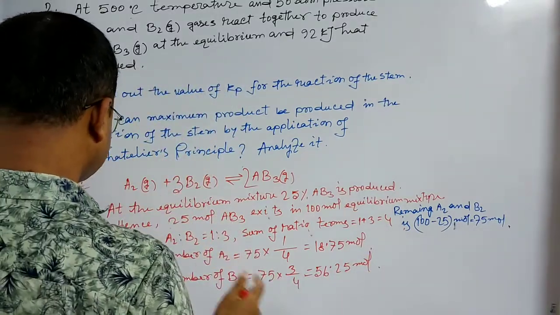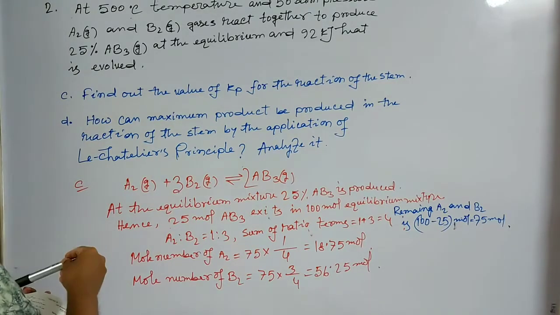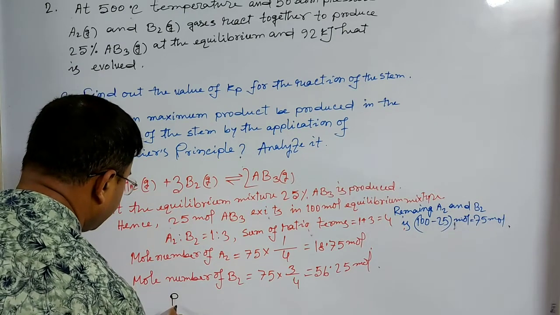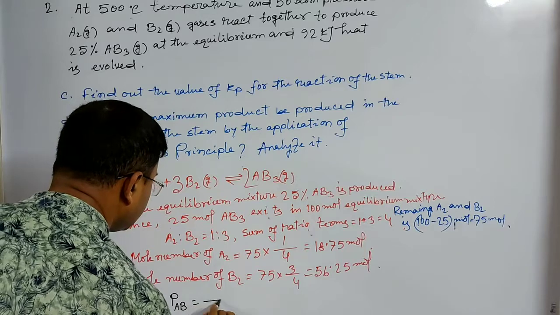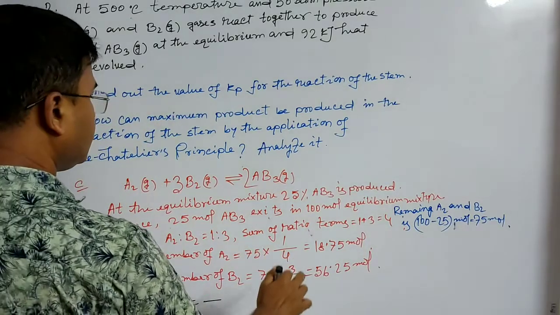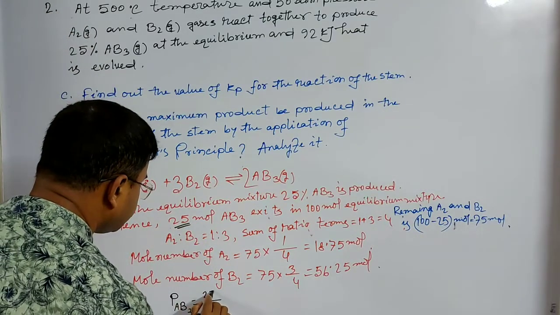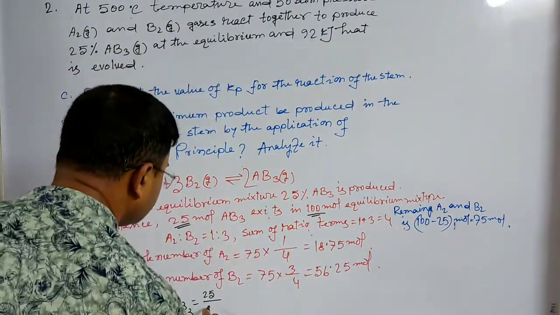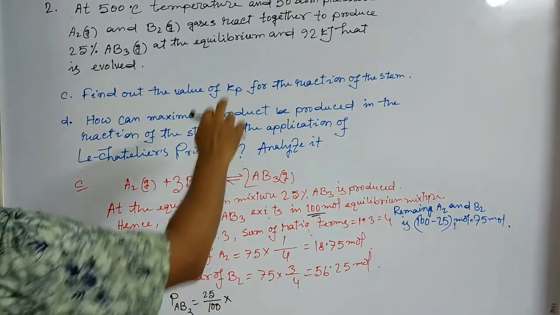So my dear students, the partial pressure of AB3 equals mole number of AB3, 25 mole, divided by total mole number of the equilibrium mixture 100, into total pressure 50 atm.